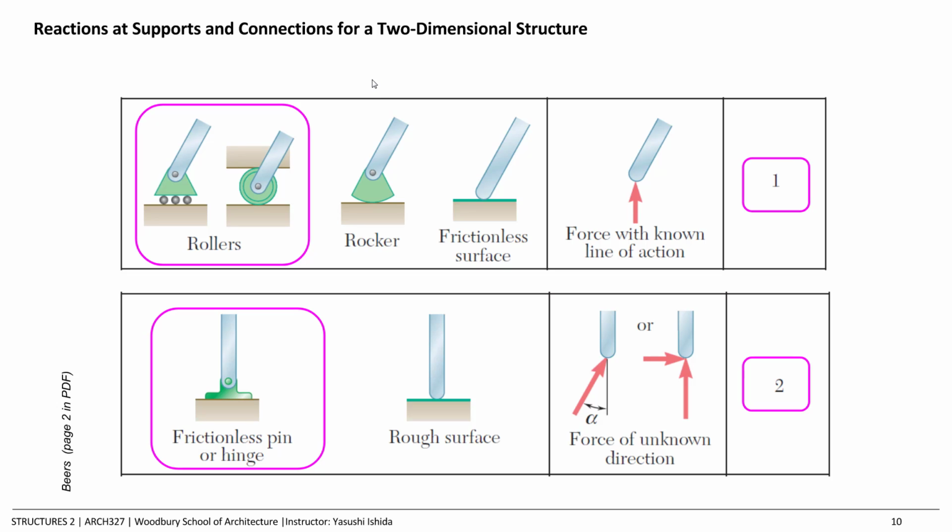The roller joint is a little bit of an abstract concept, but because it's on the roller, if you push it in the X direction, it's going to move. So it has zero resistance to this sort of horizontal movement.